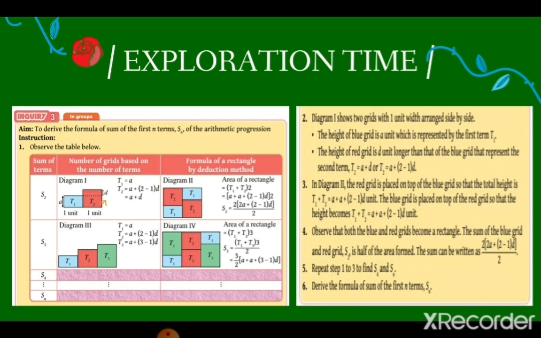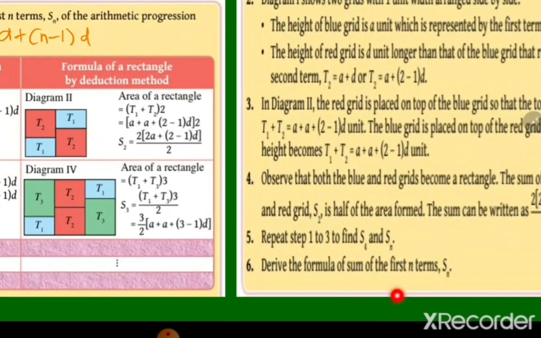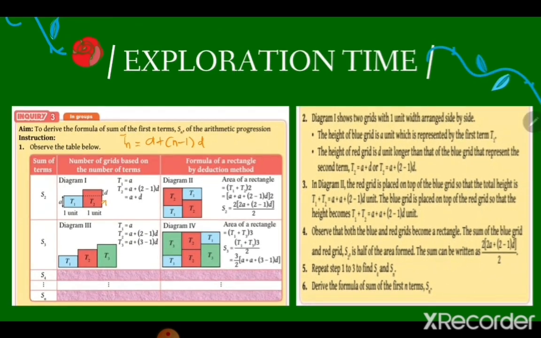Before, we have learned that the formula for the nth term is A plus n minus 1 times D. So when n equals 1, of course, T1 should be equal to A plus 1 minus 1 times D. So we will have A. The same goes to T2.